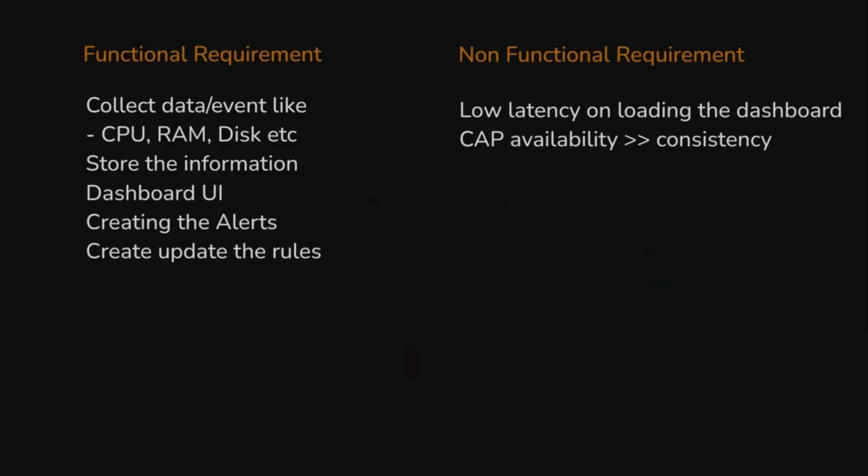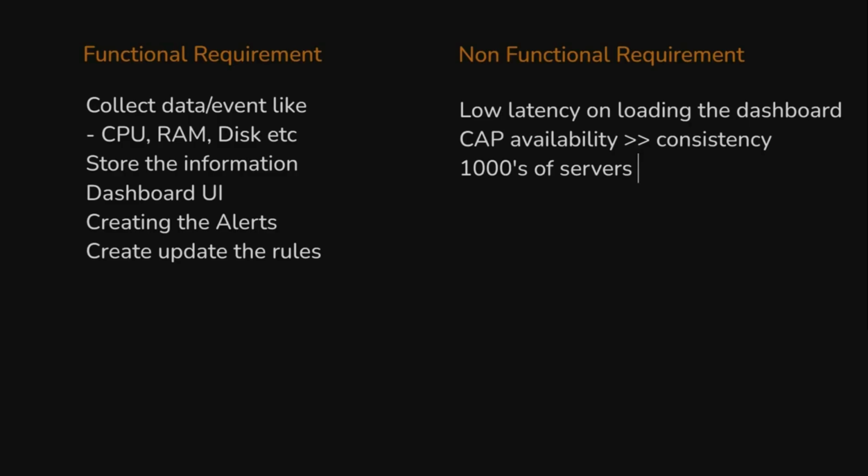Talking about the read and write requests into this system, let's say we have thousands of servers on which we need to collect these metrics. Now the frequency of these metrics collection depends upon us, and how do we want to propose to start with.